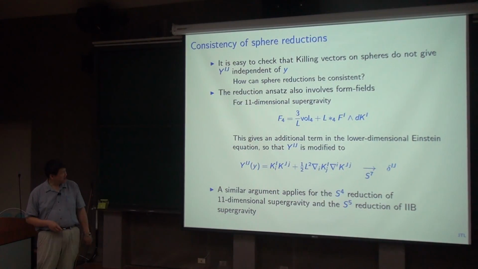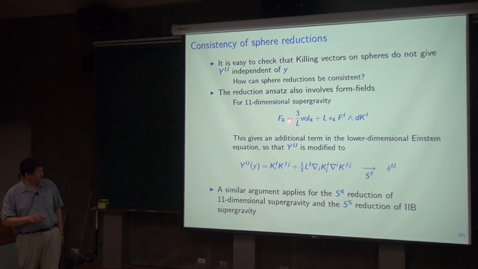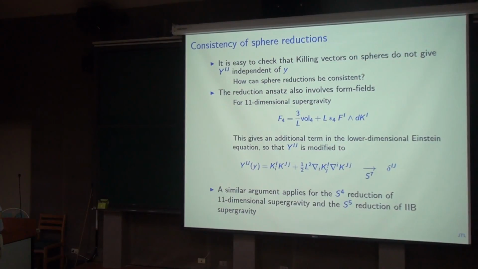The four-form field strength sets up the Freund-Rubin compactification with the volume term over here. However, when you gauge the isometries of the seventh sphere, the ansatz you should use for a four-form also includes the gauging over here. These are the non-abelian gauge fields, F mu nu.